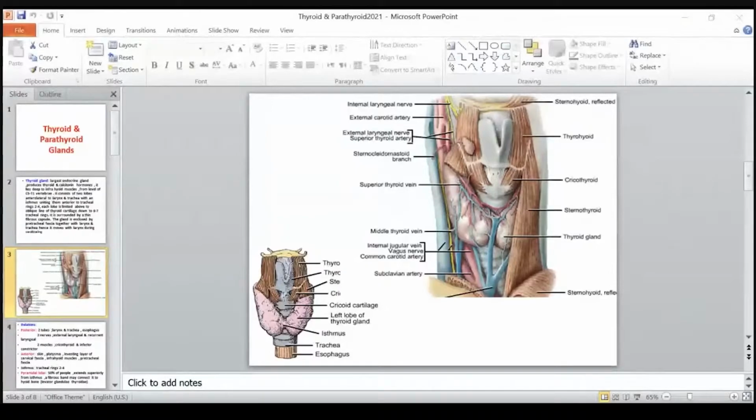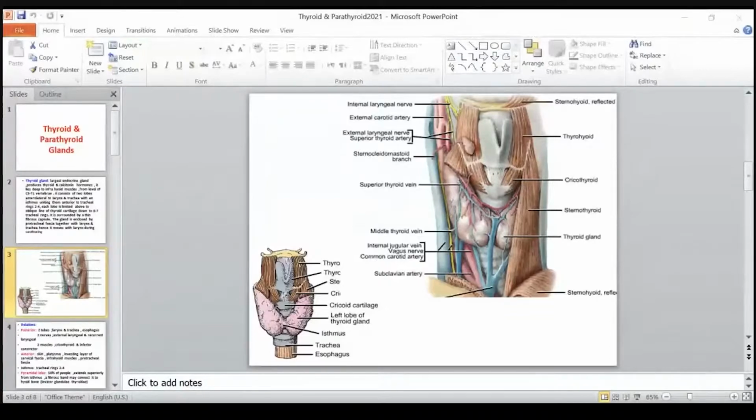Relations, as I said: posteriorly, two tubes, larynx and trachea, esophagus and pharynx below. Then two nerves, external laryngeal and recurrent laryngeal nerves. Two muscles, cricothyroid and inferior constrictor muscle.